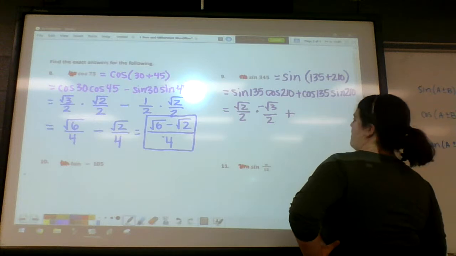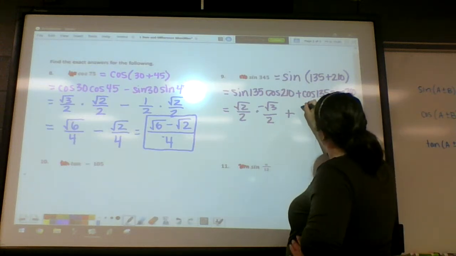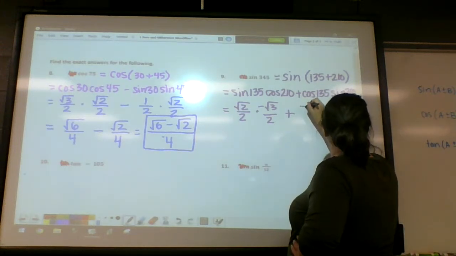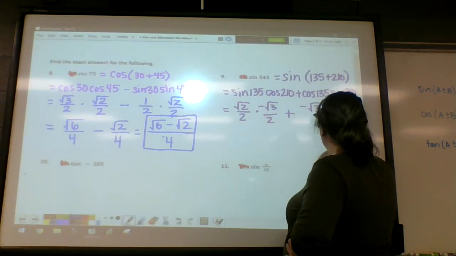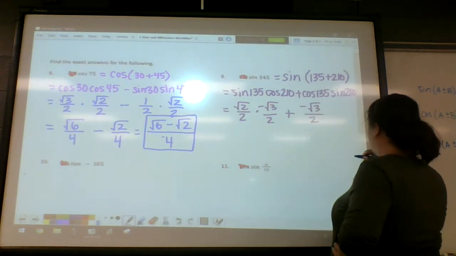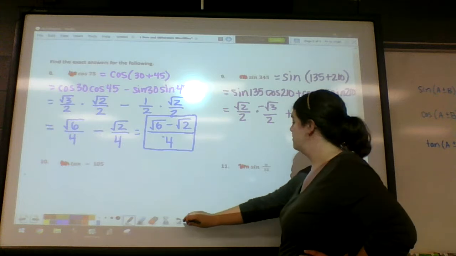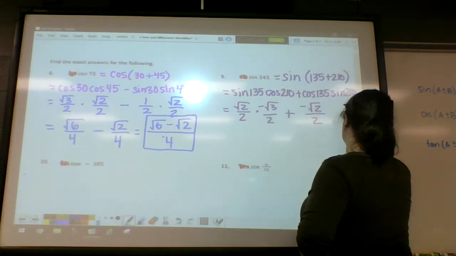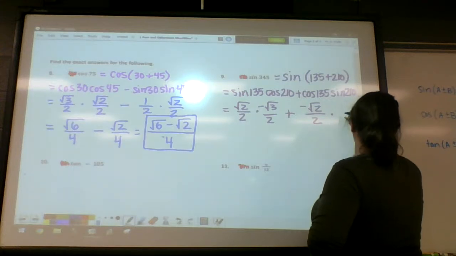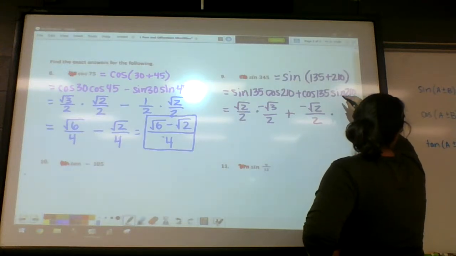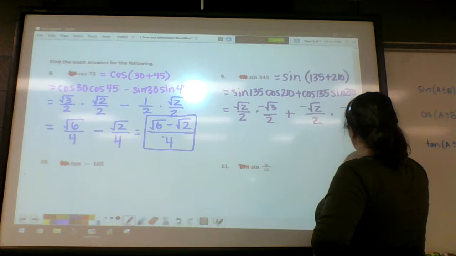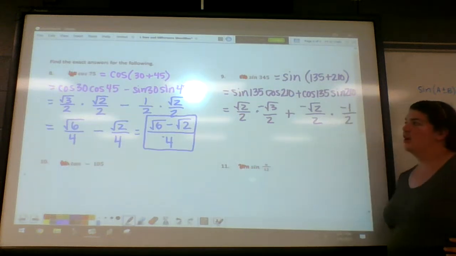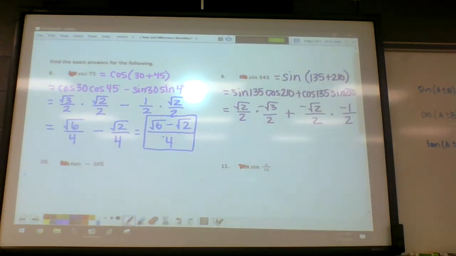Cosine of 135. Negative square root of 3 over 2. Or sorry, square root of 2 over 2, right? Yeah. My bad. That didn't look right. And then the sine of 210? Negative 1/2. And you're going to go ahead and multiply and simplify as best you can.